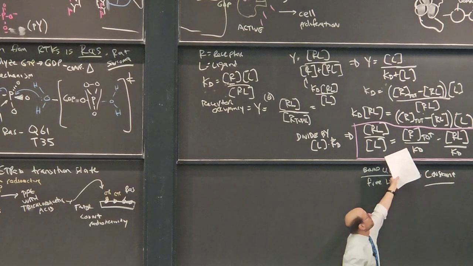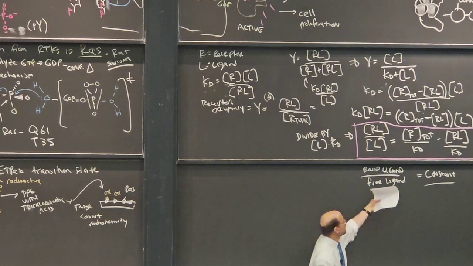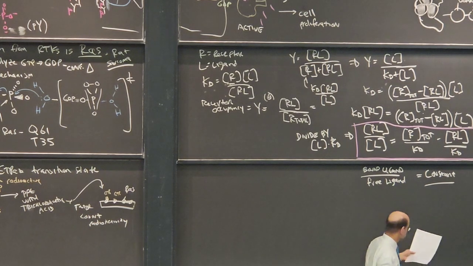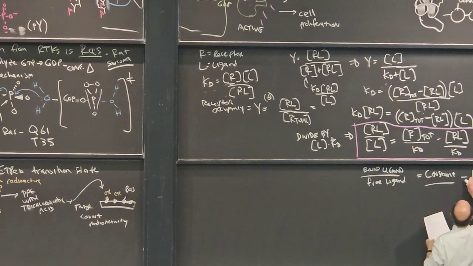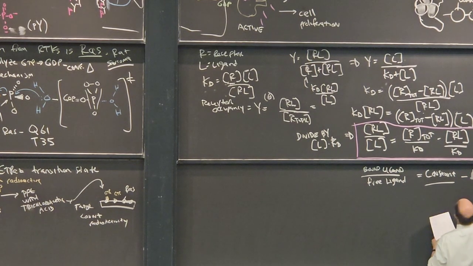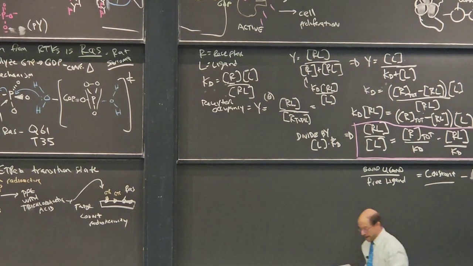Okay, because the R total, well, there's some total amount of receptor in my assay, and KD is a fixed number. It's equal to some constant, right? Minus the amount of bound ligand over KD.